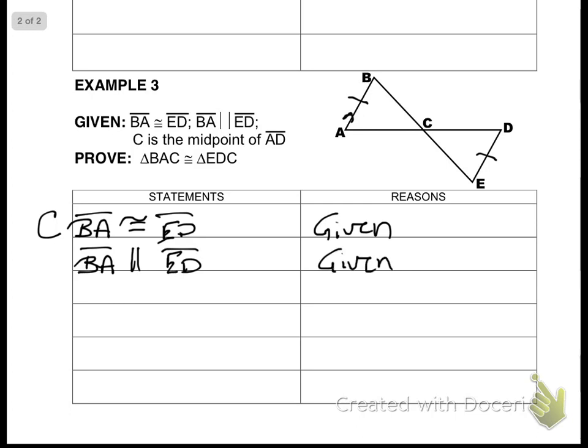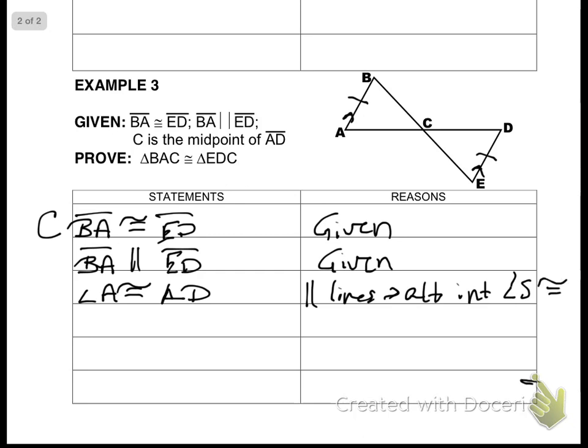So we can draw our little arrows to show that those are parallel. So from there we can say that angle A is congruent to angle D, because we've got parallel lines, which means alternate interior angles are congruent. Okay, so there's another congruency statement.